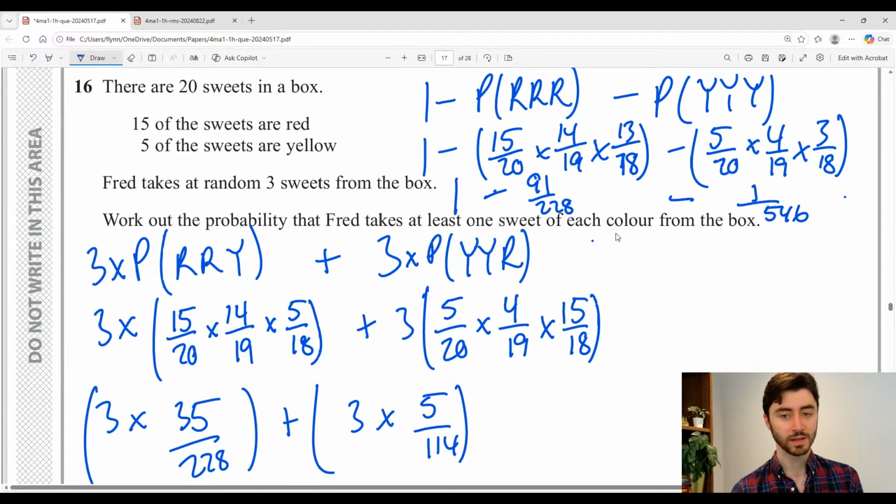And when I type all this in, apologies that it's not laid out phenomenally, 1 minus 91 over 228 minus 1 over 546 gives me a different number entirely. Why does it? It shouldn't give me a different number entirely.